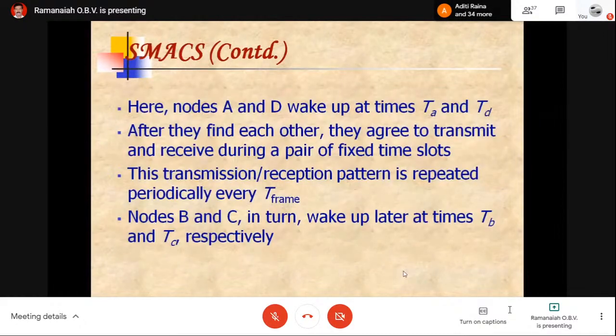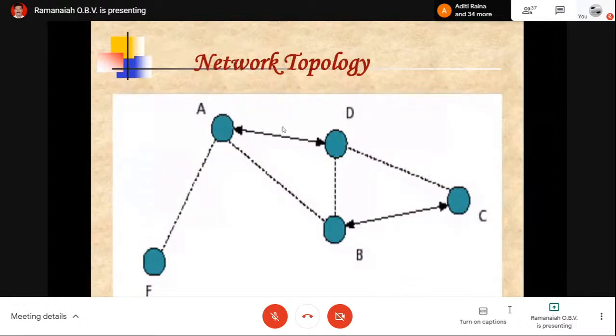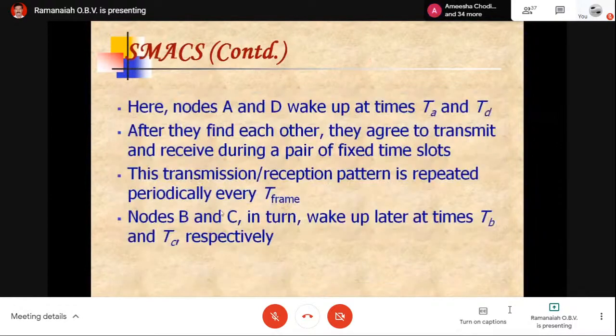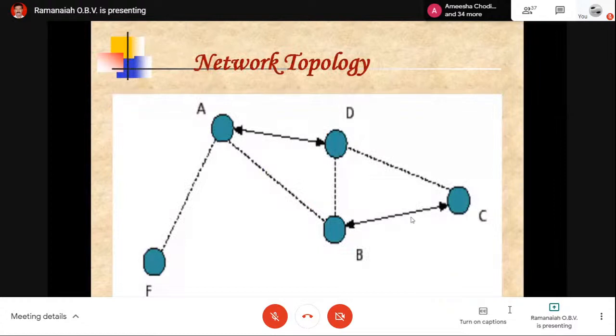So nodes A and D are neighbors, and B and C are neighbors. A and D, B and C neighbors. Now, how do they detect, the detection is quite simple, quite obvious. They detect each other with the exchange of hello and hello reply messages, right?